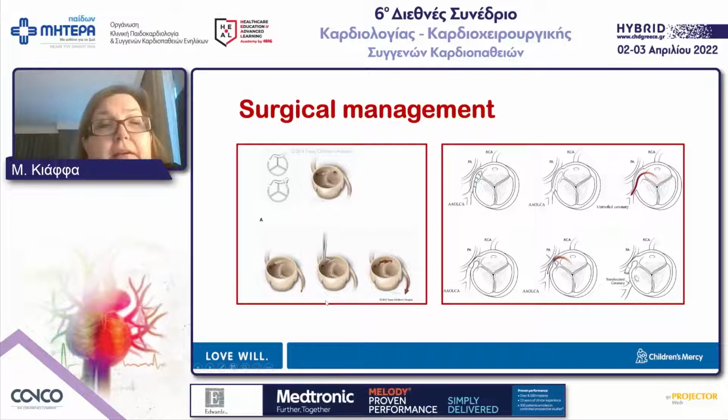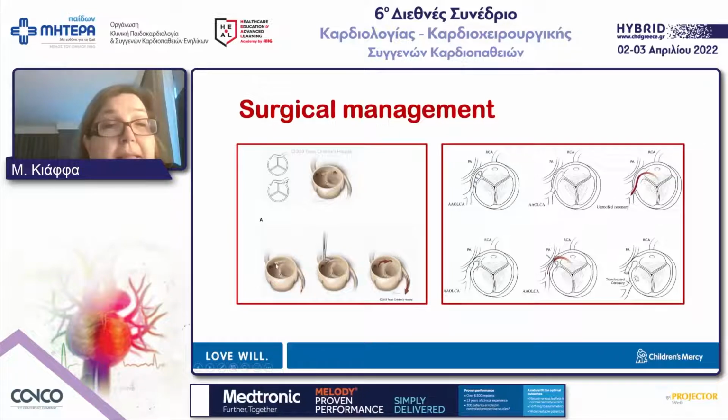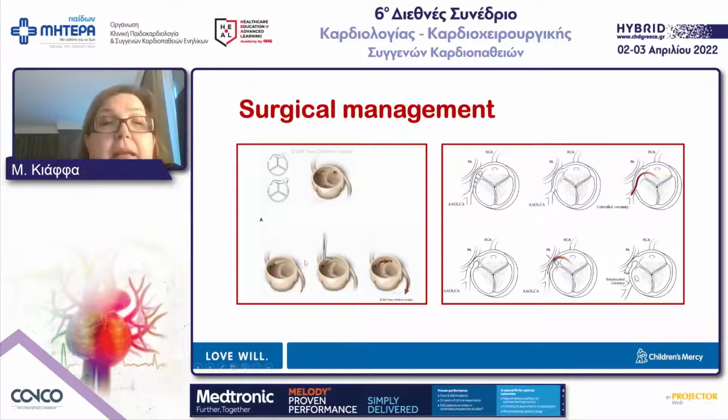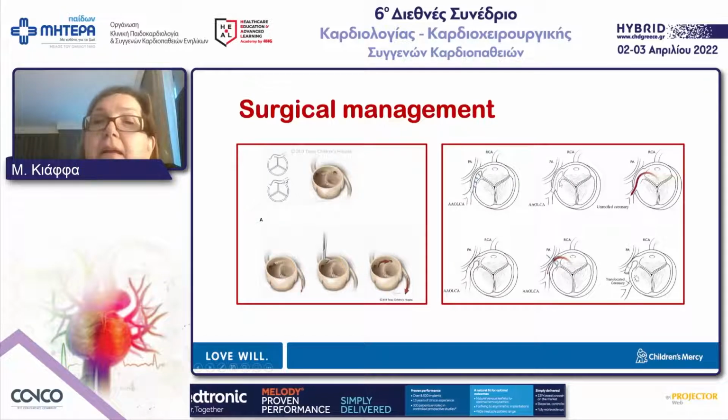Now, the surgical management, this is not my area of expertise, but there are two surgical repair methods that are popular. The one that is more commonly applied is the unroofing of the intramural course of the coronary, and you can see it up here in this diagram.